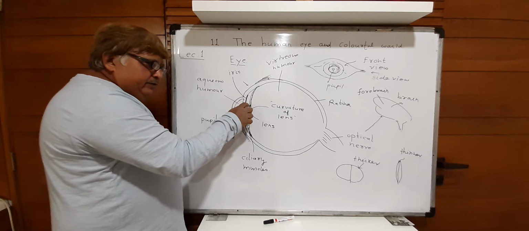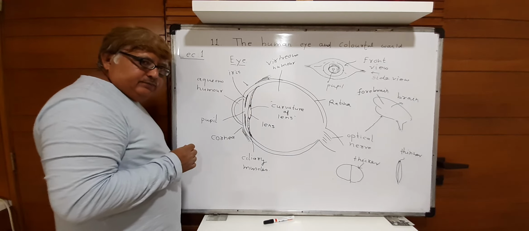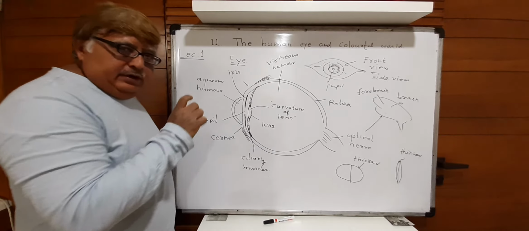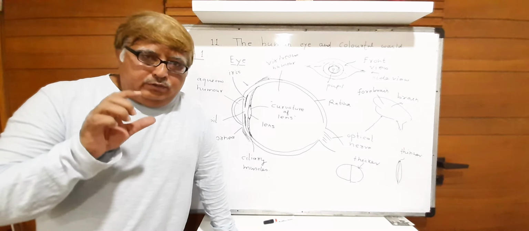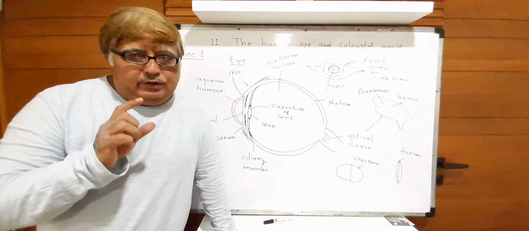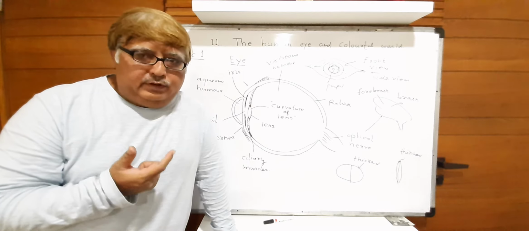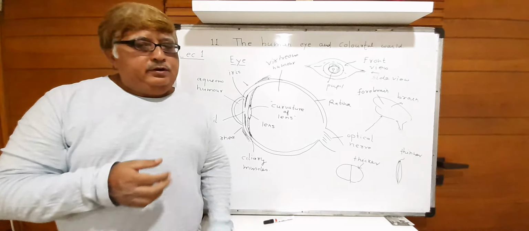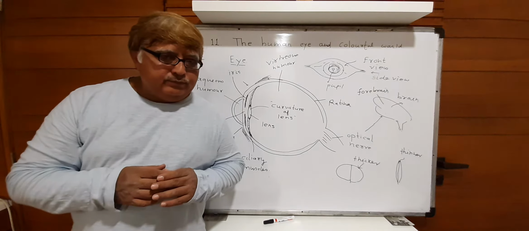This lens is attached to the ciliary muscles, and the ciliary muscle has the capacity to increase or decrease the curvature of the lens.